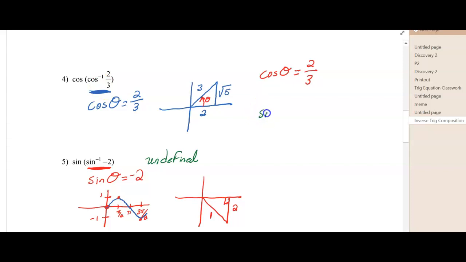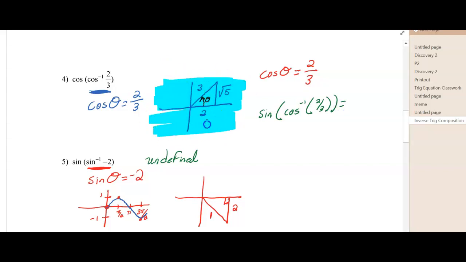If the problem said sine of cosine inverse of 2/3, I would use the same picture that I drew here that I'm highlighting in blue, but then the sine of cosine inverse of 2/3 would be root 5 over 3, just to show you a different type of problem we could ask.